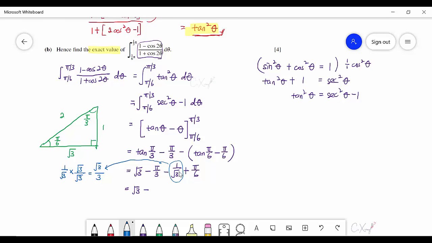So I can write this term as 1 over 3 square root 3, and put it back here. If you continue further, I have negative 1 over 3 pi plus 1 over 6 pi. You can treat all the square root 3 as an apple: 1 apple minus 1 over 3 apple gives 2 over 3 apple.